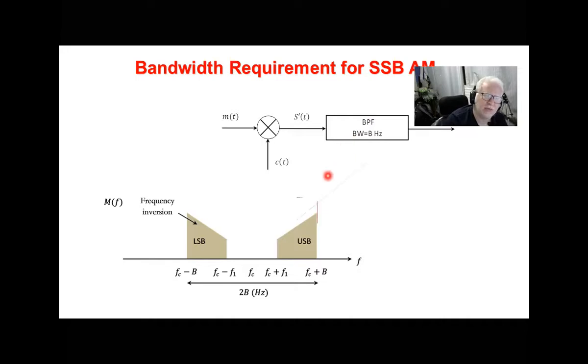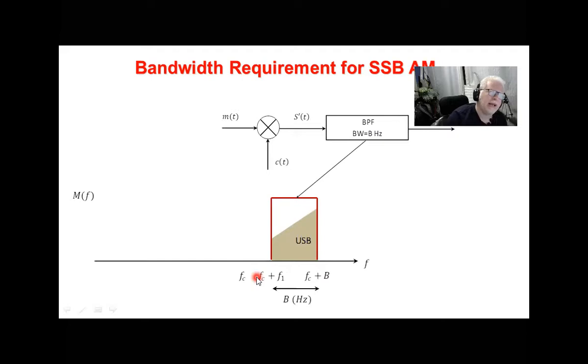This is the ideal filter response. If you remember the end of lecture number 1, when we introduced the 4 types of filters: the low pass filter, the high pass filter, the band pass filter, and the band stop filter. This is an example of a band pass filter. You have a band pass filter which can only pass this window and kick out the lower sideband.